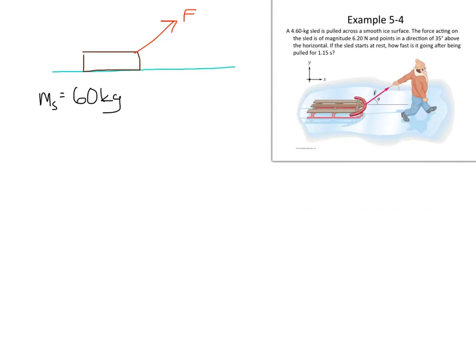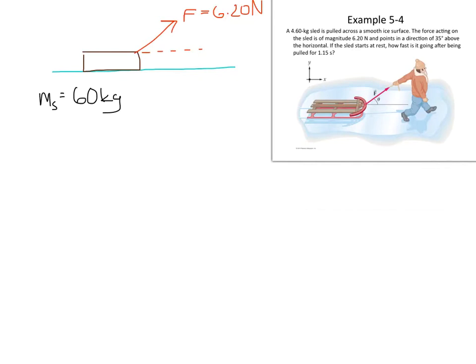The force acting on the sled is of a magnitude of 6.20 newtons. So that's our force right here, 6.20 newtons, and it is directed at an angle of 35 degrees above the horizontal.